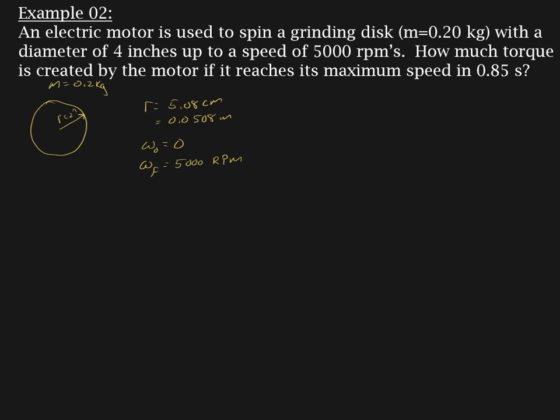So to do that, we're going to write it out. We have 5,000 revolutions per minute times 2 pi radians per revolution times 1 minute is equal to 60 seconds. And so we're going to get 5,000 times 2 pi divided by 60.